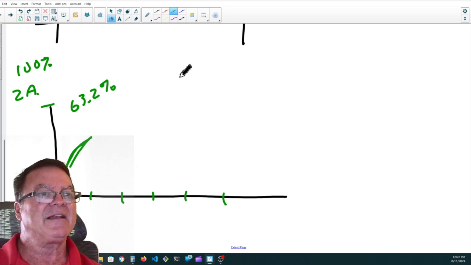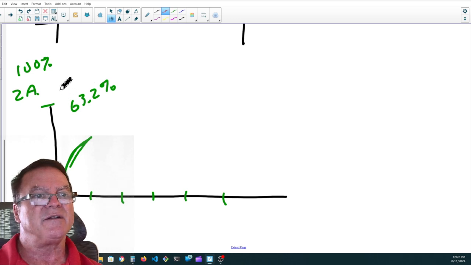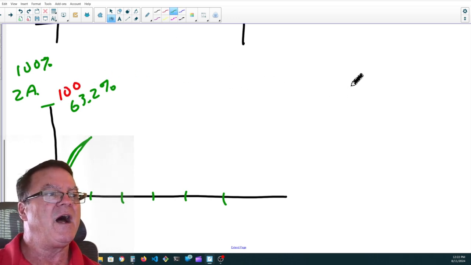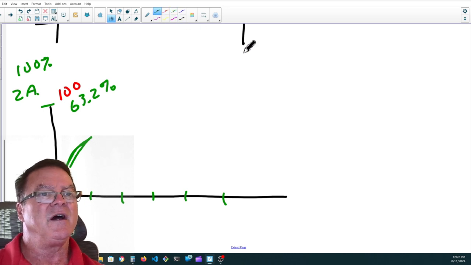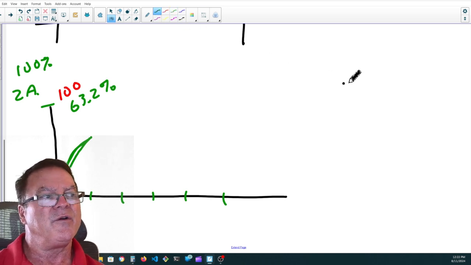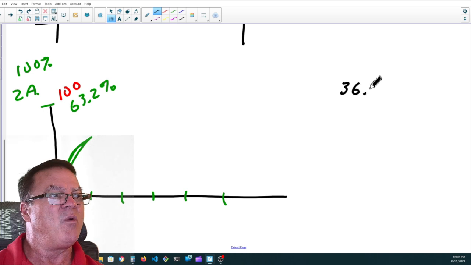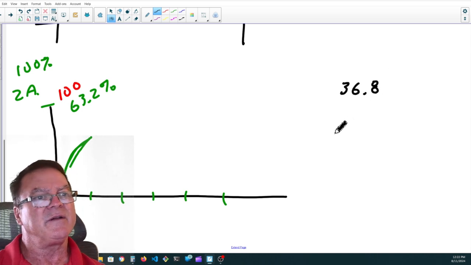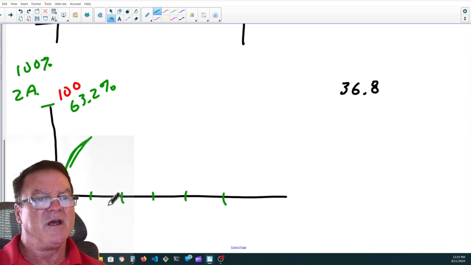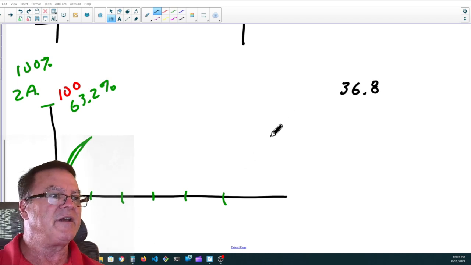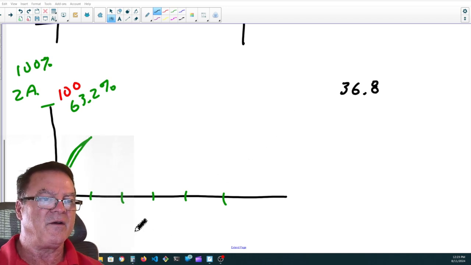And that leaves me, if I took 100 and subtracted 63.2, I would get 36.8, right? Yeah, 36.8. So if I take my calculator, I know this is convoluted, but just stay with me here.